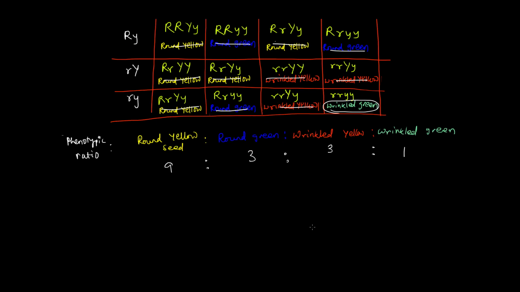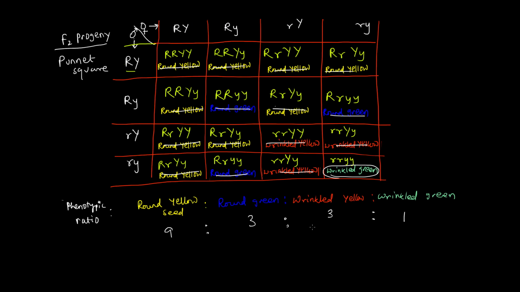So the phenotypic ratio for the dihybrid cross is going to be 9:3:3:1 for the round yellow seed, round green seed, wrinkled yellow seed and wrinkled green seed respectively. Any trait that follows the Mendelian inheritance pattern will have this phenotypic ratio of 9:3:3:1.